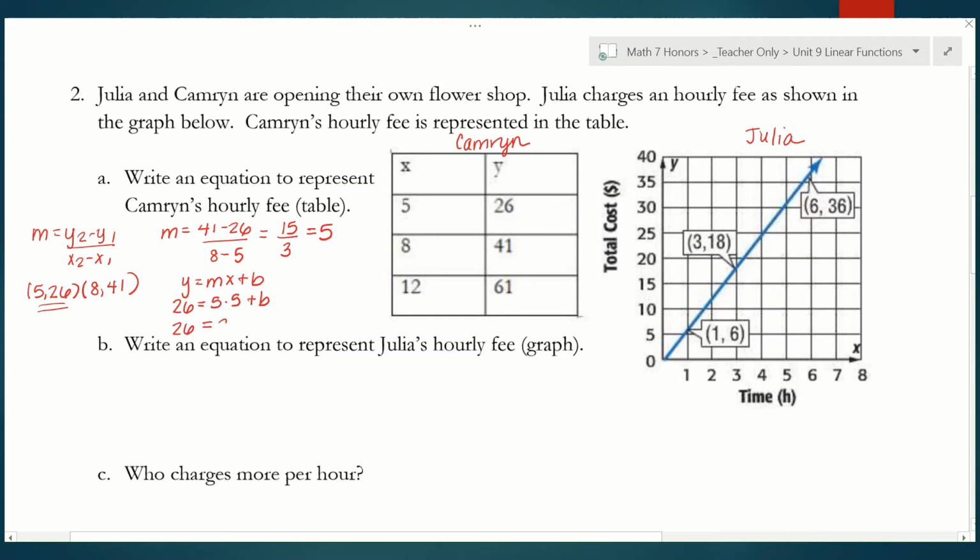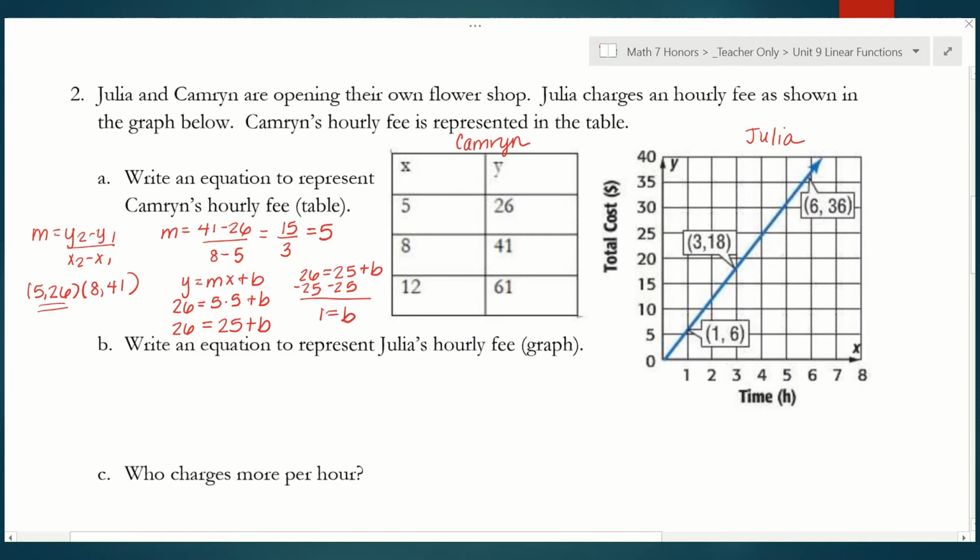So 26 equals 25 plus b. To get b alone, I subtract 25 from both sides. Sorry, this is so crammed, you guys. And I get that b is equal to 1.